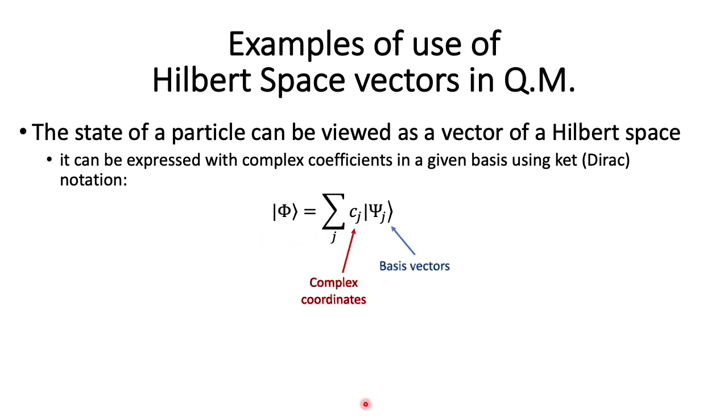And the reason why we use complex coordinates, complex numbers, in other words, the reason why those Hilbert spaces are defined over a complex number field will be given in the next video.